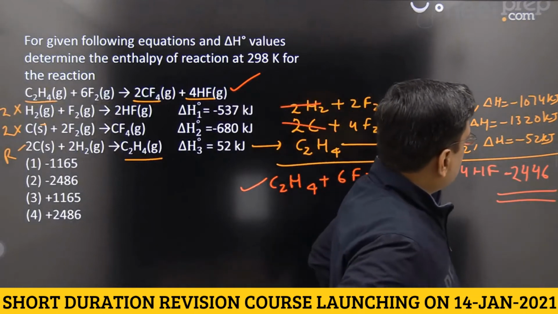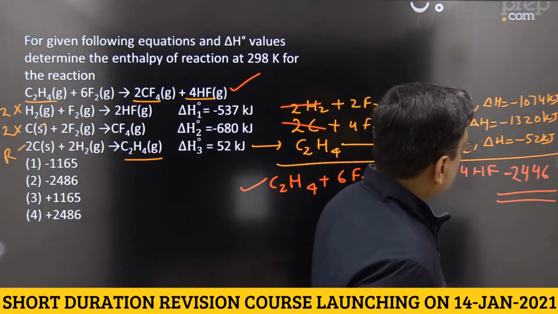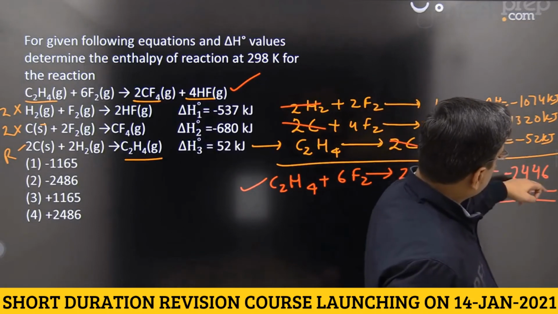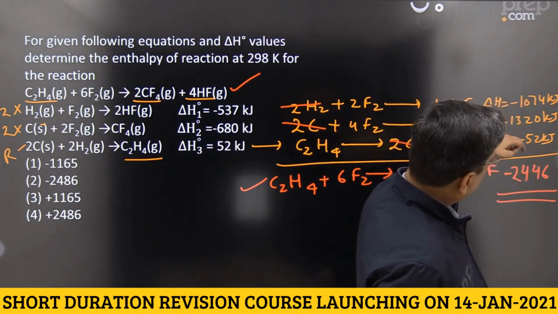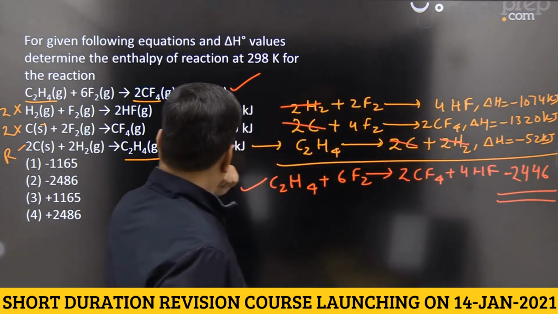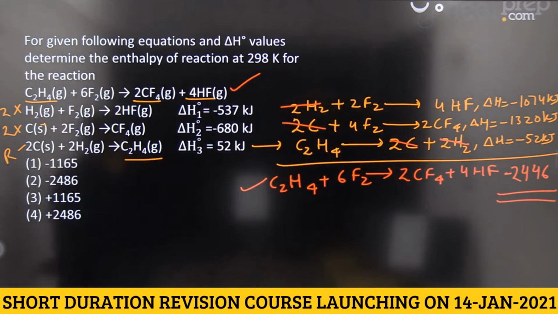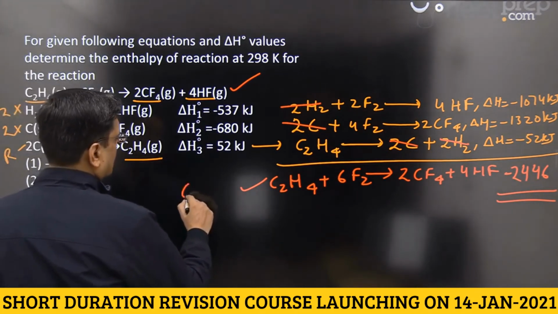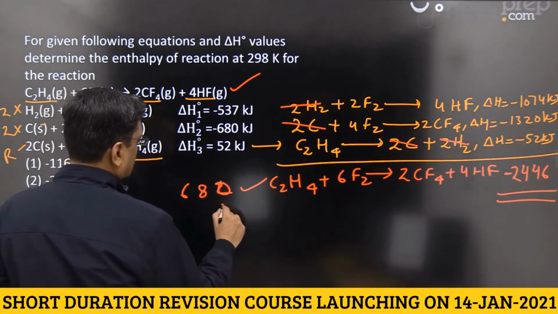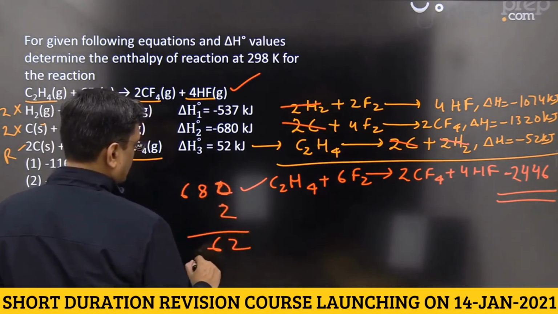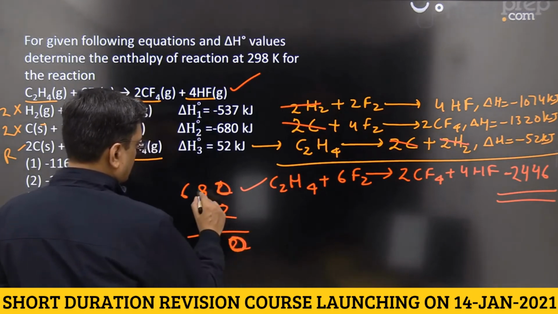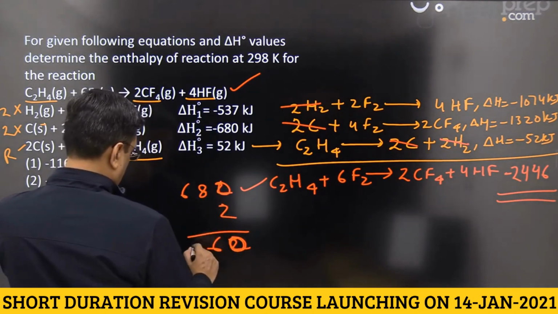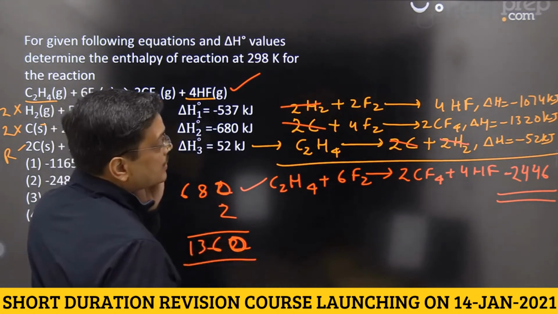Here we made some mistake. Okay, 4 to 6, 7 to 9, 5, 14, 2, 4, 4, 6. But the answer is minus 2486. What mistake did we make? 6, 8, 0, 2, 2, 6, sorry, 0, 6. 1360.